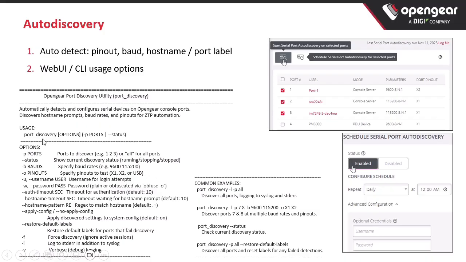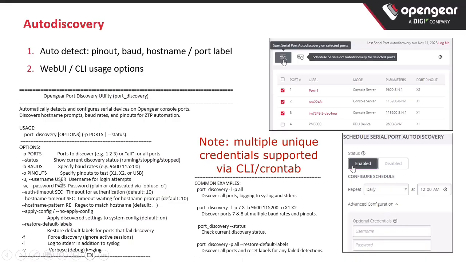So here you can see the usage for the script, the options you can provide, things like specific ports that you can reference. You can ask for the discovery status if it's running in the background. You can supply the credentials we talked about earlier.